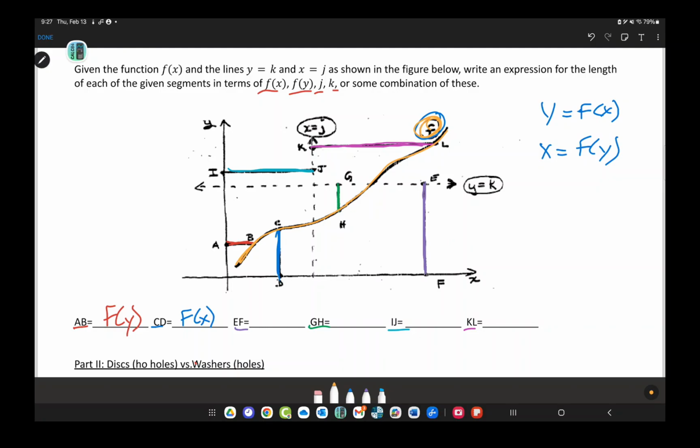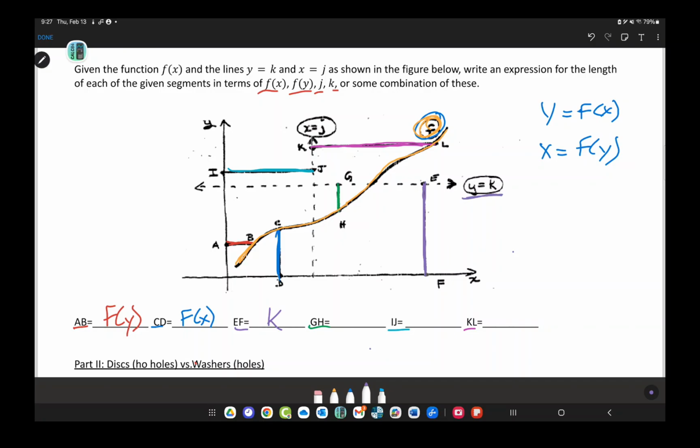Now, EF is in purple. EF is vertical, so I'm looking for the y value. It's just k, because y is k.